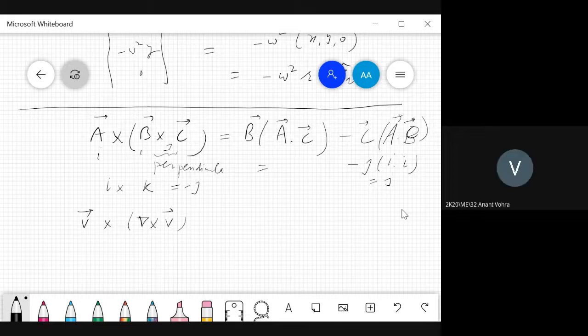Sir, could you please repeat? What is this equal to? You already have a formula at the top.